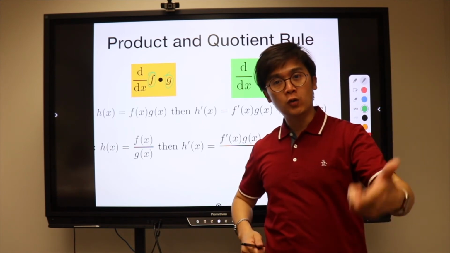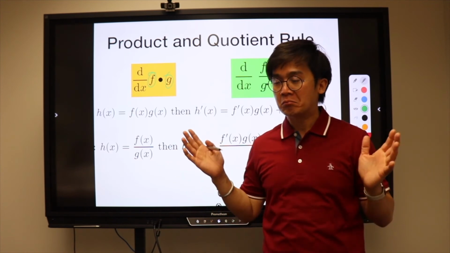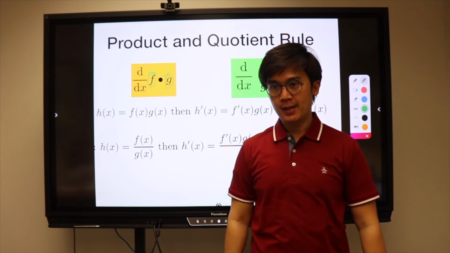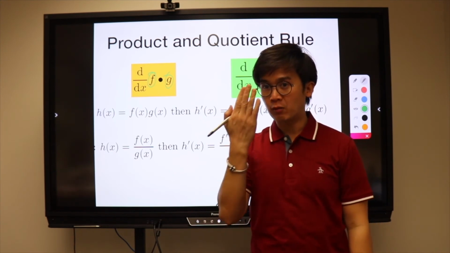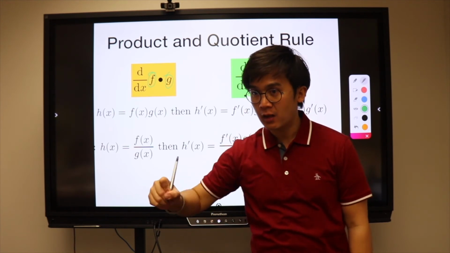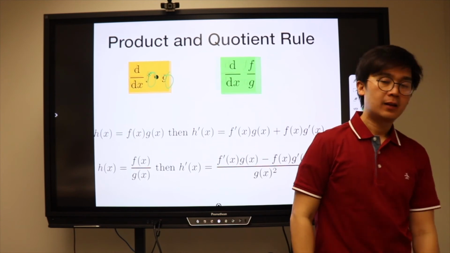But if you do this over and over again, you will realize that it's really just remembering your formula. If you know your formula, you know your derivatives. And to be able to memorize it, you don't memorize it by reading it over and over again. You memorize it by using it over and over again.